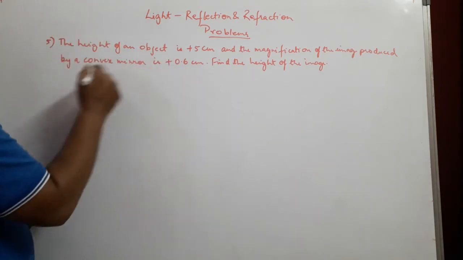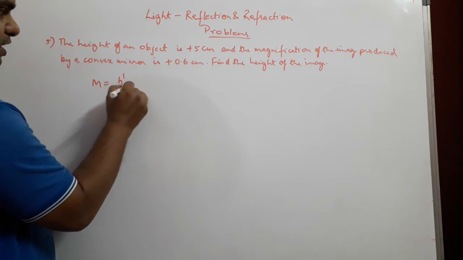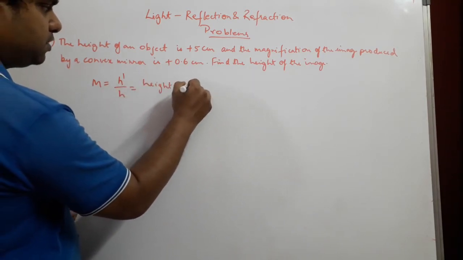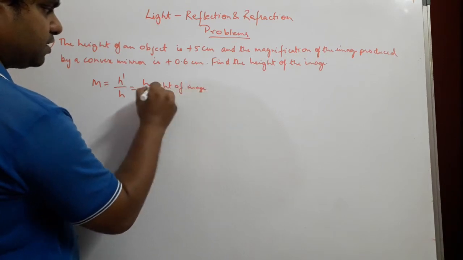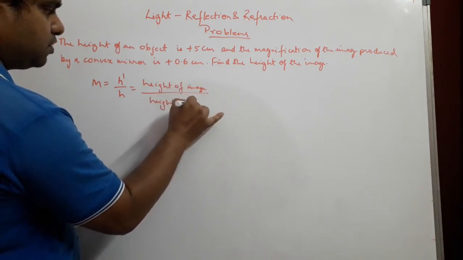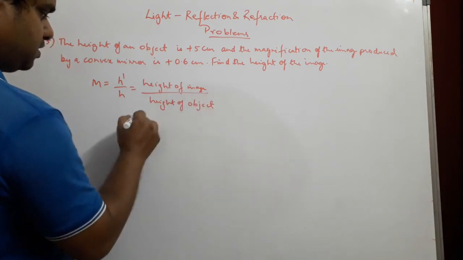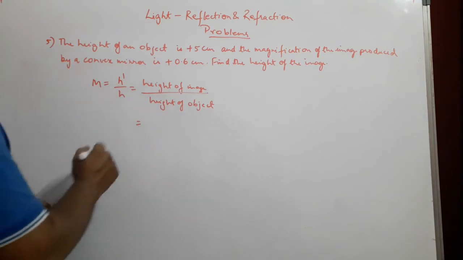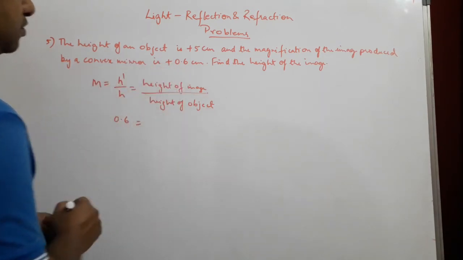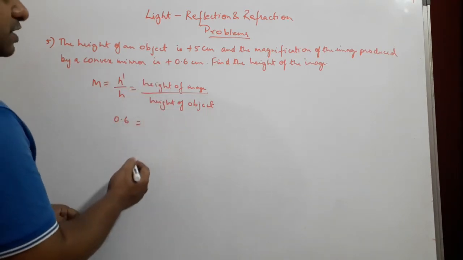So what is the formula for magnification? In terms of height, it is m equals h dash upon h, which is height of the image upon height of the object. And magnification is given as 0.6. There is no need to write plus now, it is understood. Only when it is negative we put the sign over there.